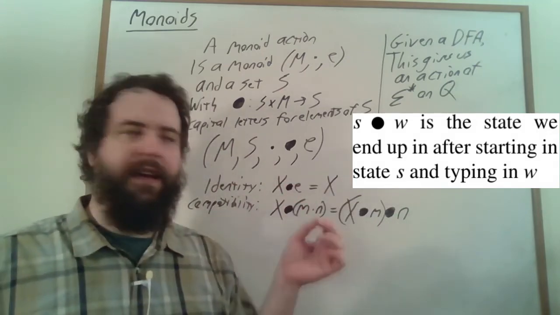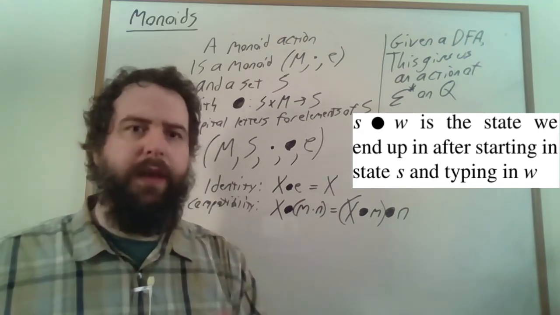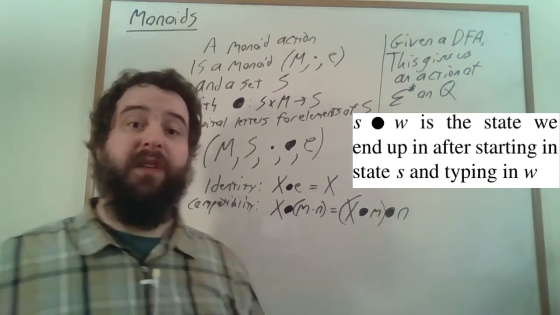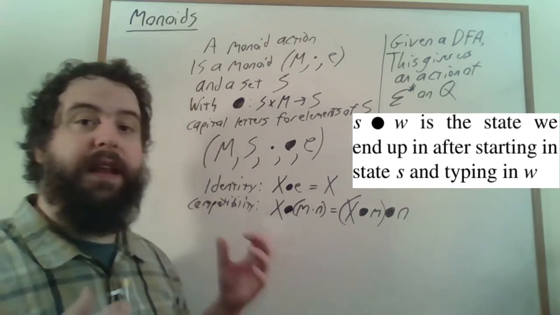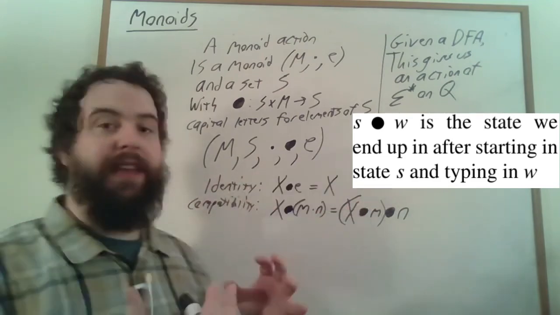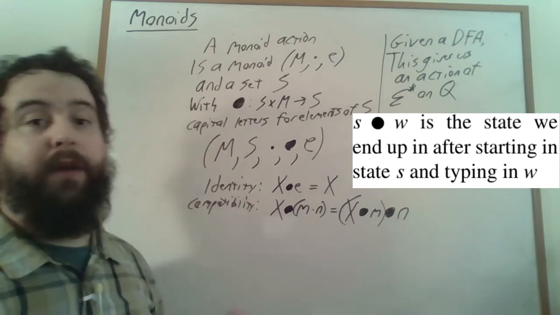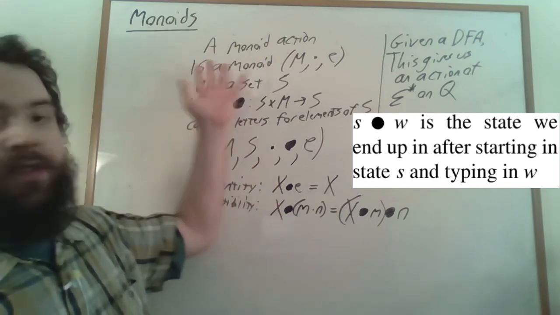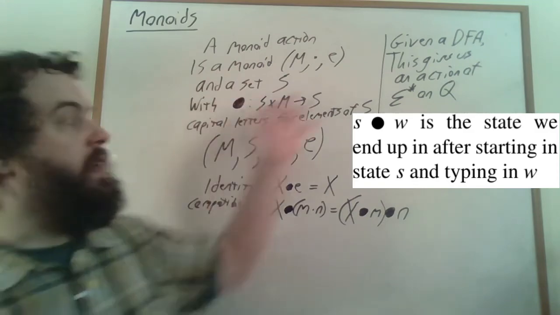This idea of if we're in a state and we type in a particular word, what state are we going to wind up in? And part of this is gatekeeping, but most of it is trying to form connections between lots of very different things that all wind up being instances of this particular type of structure. All of the monoid actions are related by the fact that they're monoid actions, including this one.